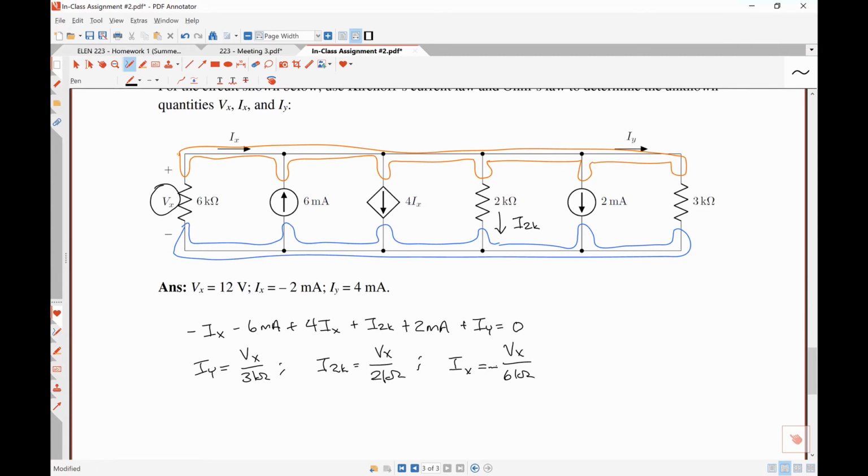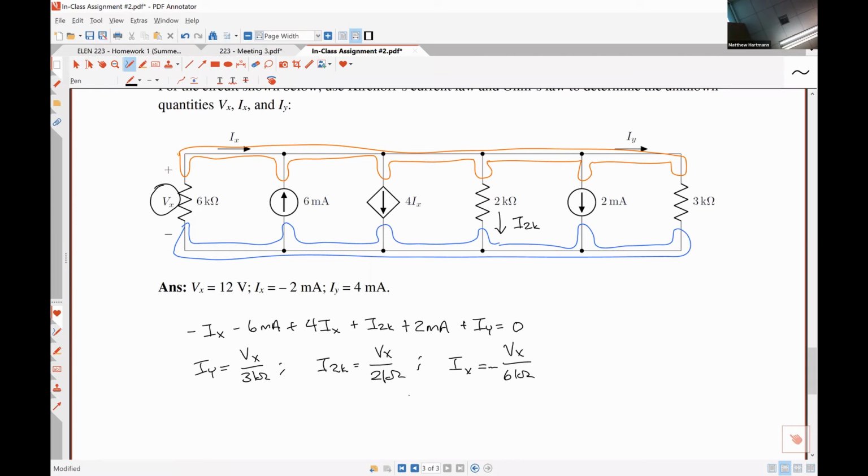Yes, sir. Will you explain it one more time? Sure. The current Ix, as we have defined it in the figure, is flowing into the negative polarity terminal. So far, all of the voltages that we have defined have been under the assumption that the current is flowing into the positive polarity terminal, which is why we're getting positive Vx divided by the resistor value.